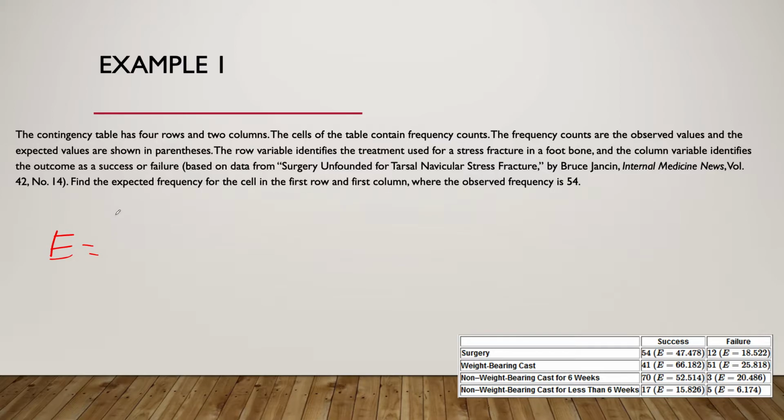So 54 plus 12 gives us a value of 66, times the column total, where we're adding up this entire success column, so 54, 41, 70, and 17, that gives us 182, divided by the complete total, which adds everything in here, giving us a value of 253. Doing this will give us that value of 47.478 as the expected frequency.